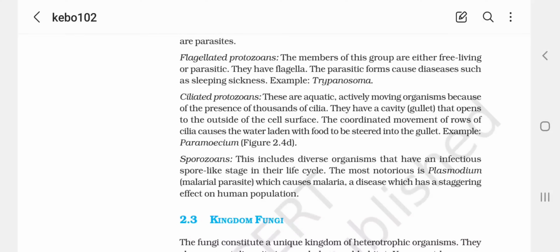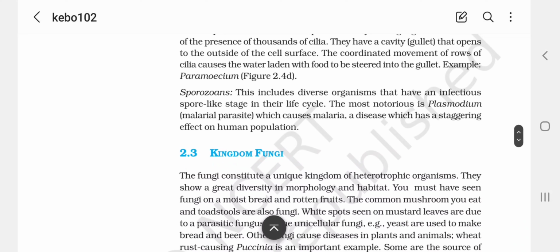They have a cavity, gullet, that opens to the outside of the cell surface. The coordinated movement of rows of cilia causes the water laden with food to be steered into the gullet. Example, Paramecium. Figure 2.4d.